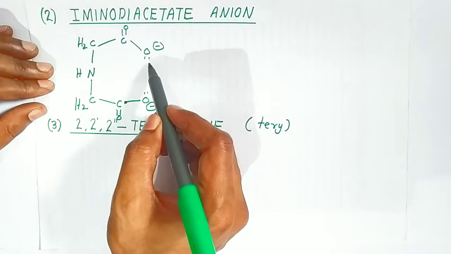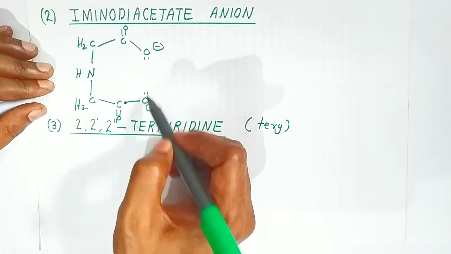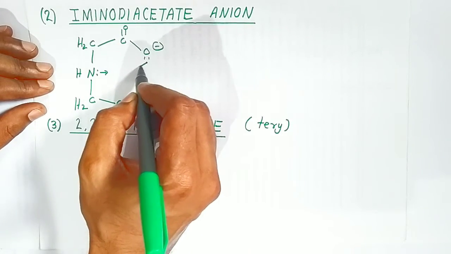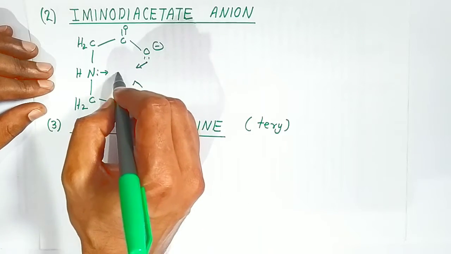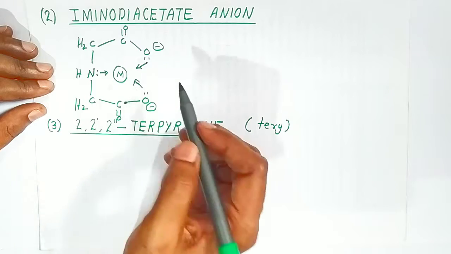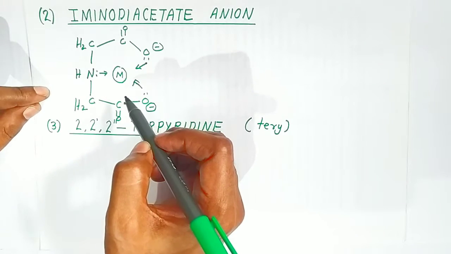That means these two oxygens will each donate one lone pair and this nitrogen will donate one lone pair. So I am putting arrows like this. That means three donor atoms are there in the molecule. That is why it is also a tridentate ligand.